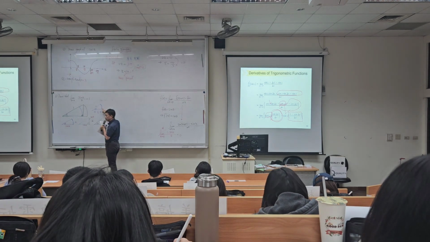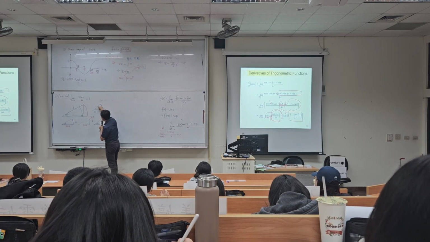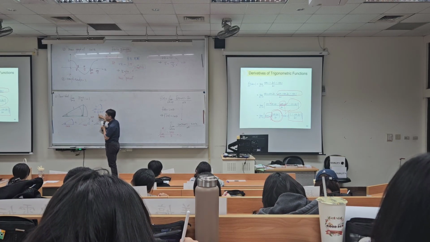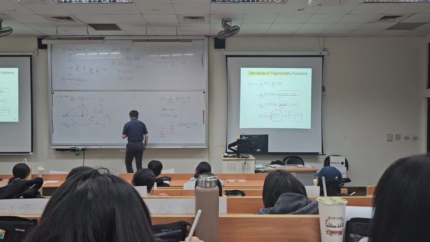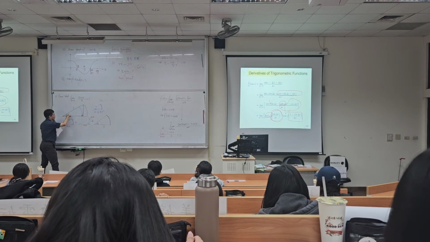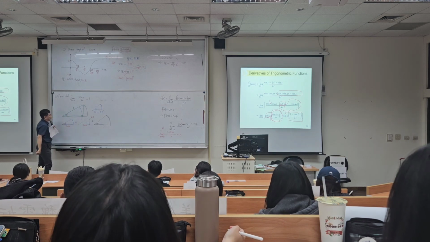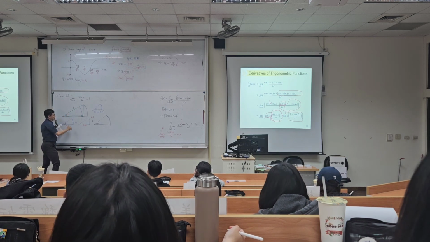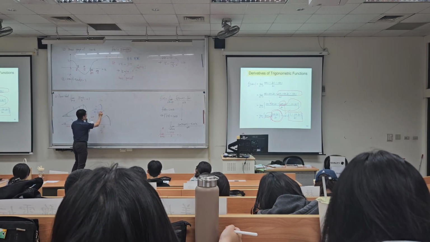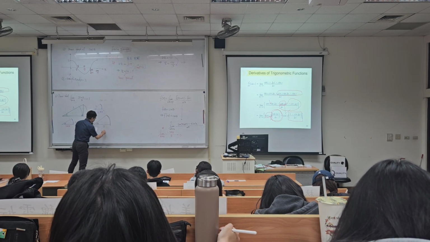This will be equal to 1/2 theta r squared. So this slice of pizza has radius r and angle theta, and its area is 1/2 theta r squared. Now the black one, the radius is 1, so its area will be, with r equal to 1, 1/2 multiplied by theta.